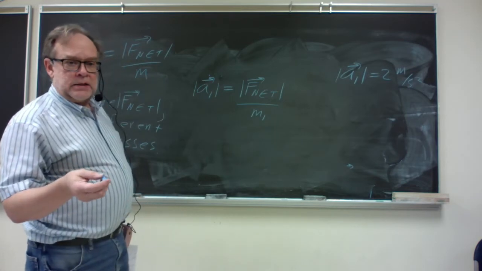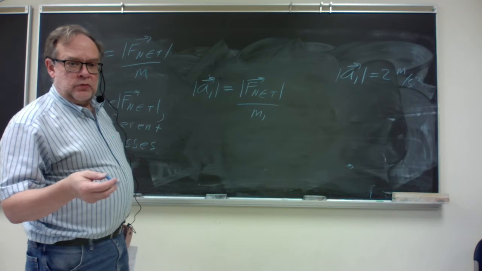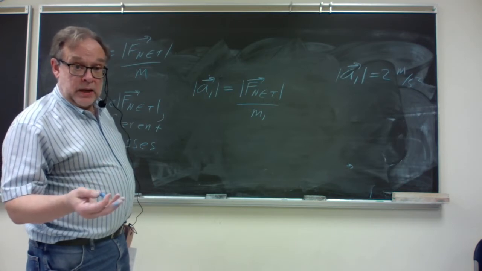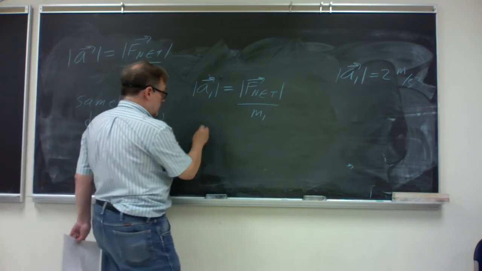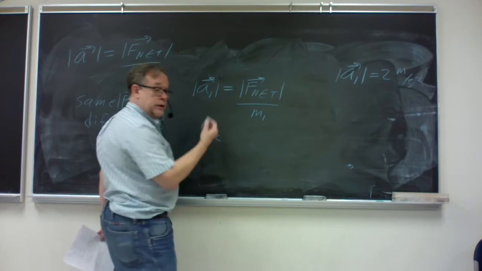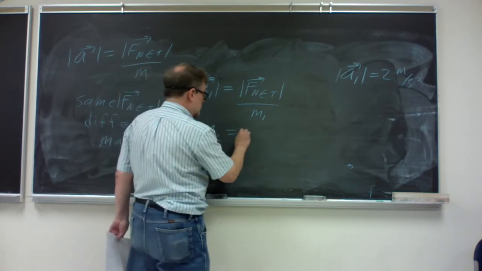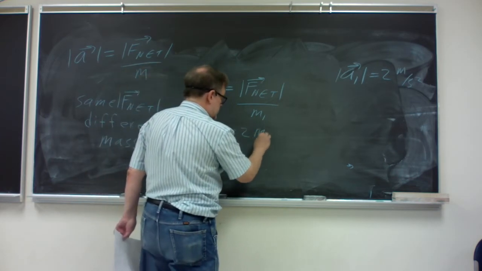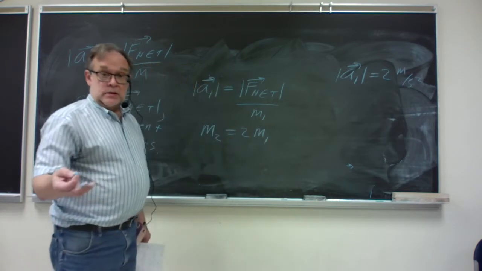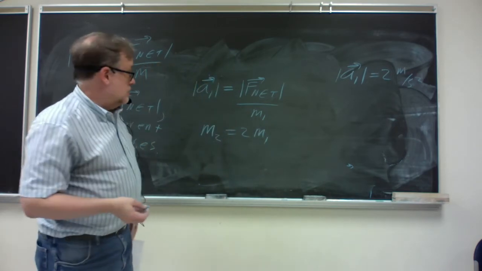Now, let's imagine that we have twice as much mass. So there's a new mass, call it M2, which is just twice as much as M1, and that's going to give us a different acceleration.